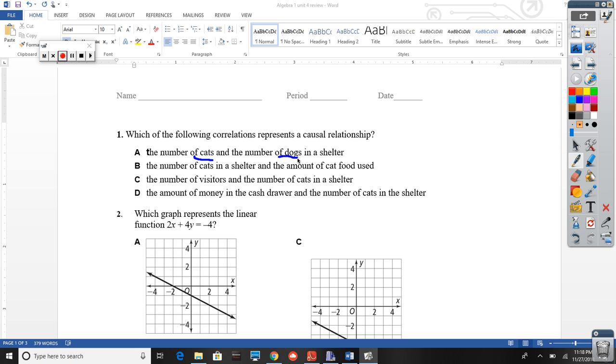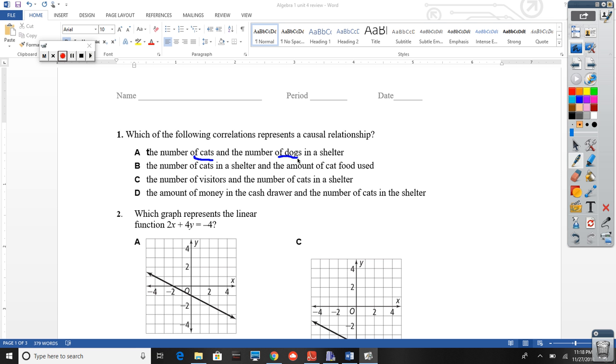Letter B says the number of cats in a shelter and the amount of cat food used. So is it true that if I add more cats to the shelter, that I'm gonna need more food, or that if I have less cats, I'm gonna need less food? Letter C says the number of visitors and the number of cats. Does it mean that if I have more visitors, I'm gonna have more cats?